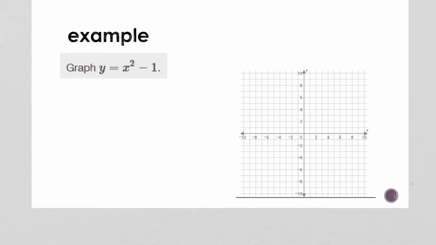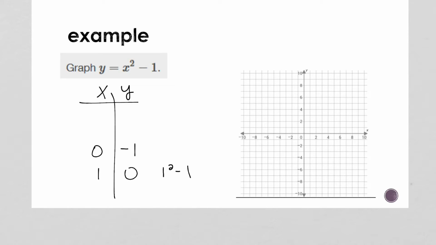I would probably start off by making a table. If I put in 0 for x, 0 squared is 0, 0 minus 1 is negative 1. If I put in 1 for x, we've got 1 squared minus 1, which gives us 0. If I put in 2 for x, then I have 2 squared minus 1, which would be 3.